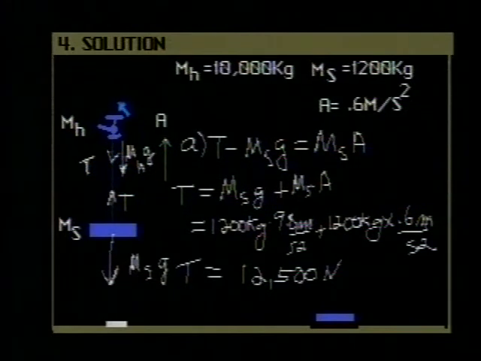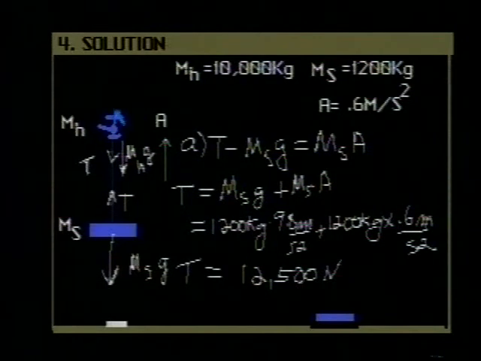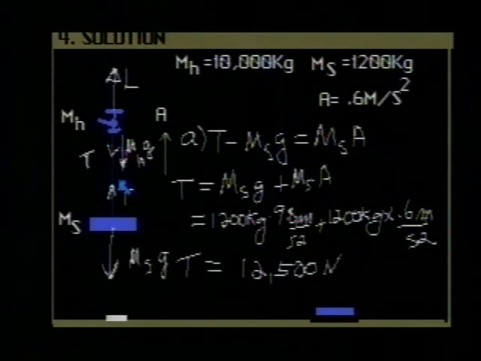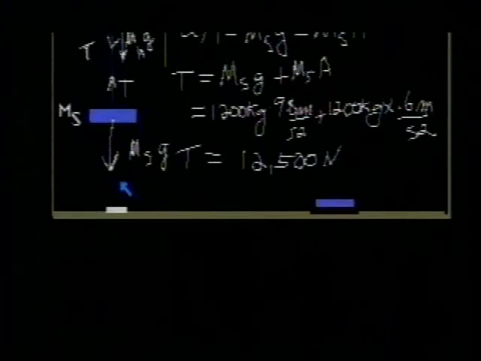So the tension T is downwards on the helicopter. Also on the helicopter we have the lift upwards. Let's call that L. They are all the forces acting on the helicopter. Let's now write Newton's second law for the helicopter.